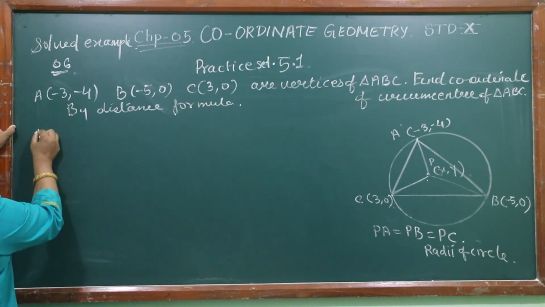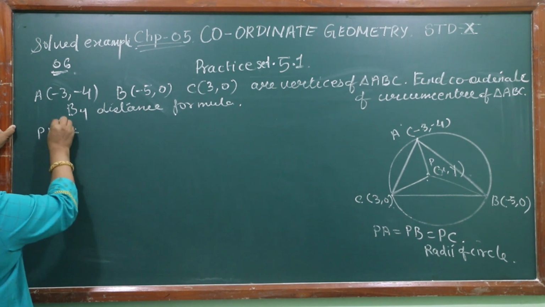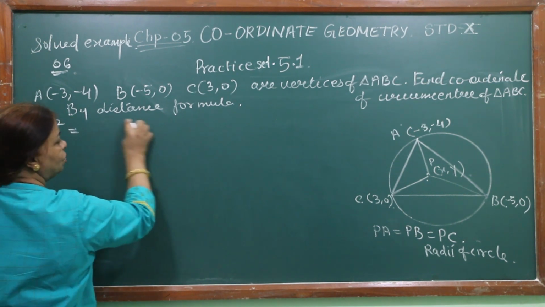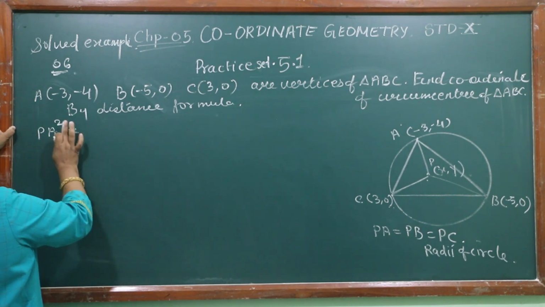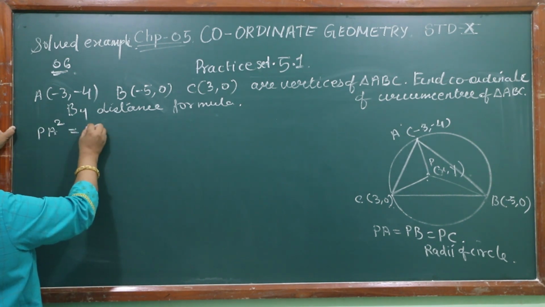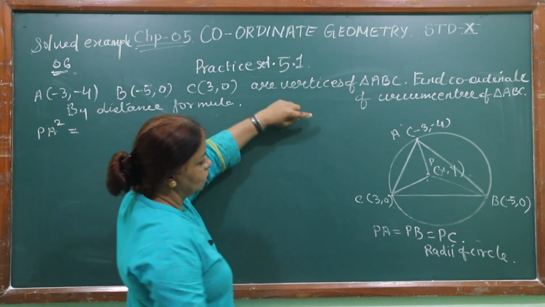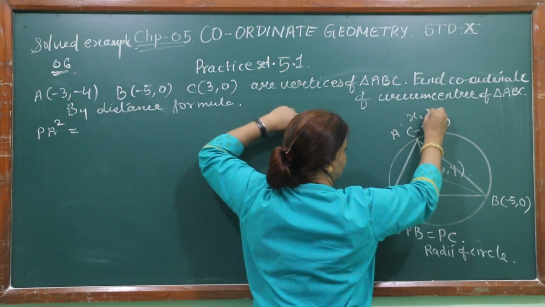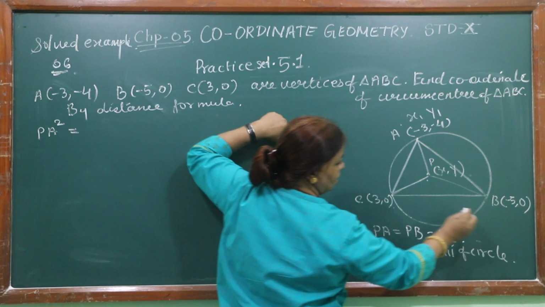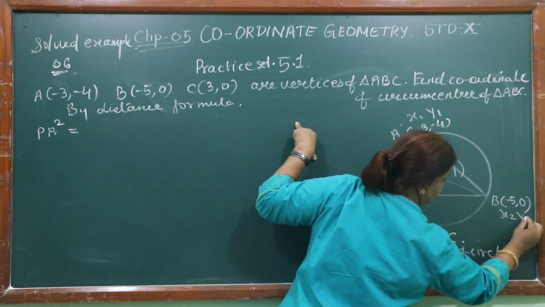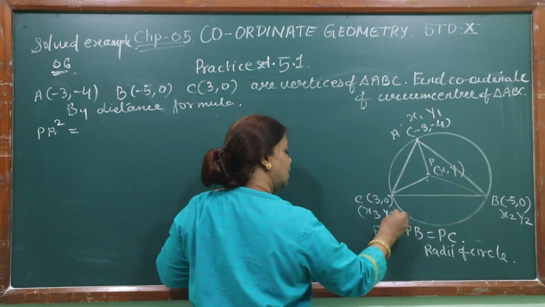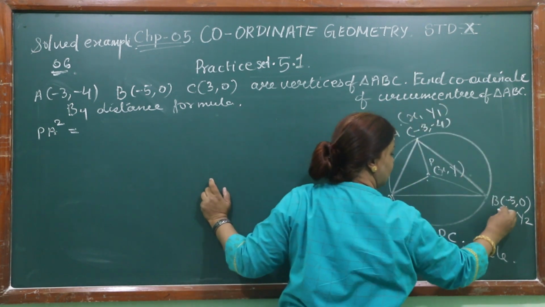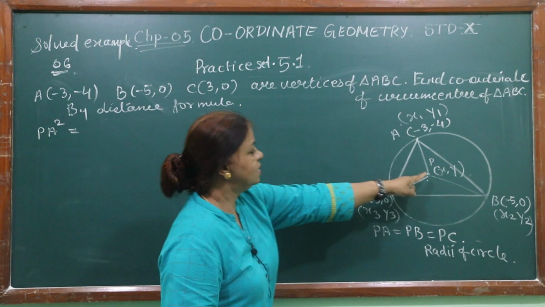So for PA, let me take PA squared, so I don't need to take that root. If this is x1, y1, this is x2, y2, this is x3, y3, then we can find it by using the distance formula, and this is x, y.